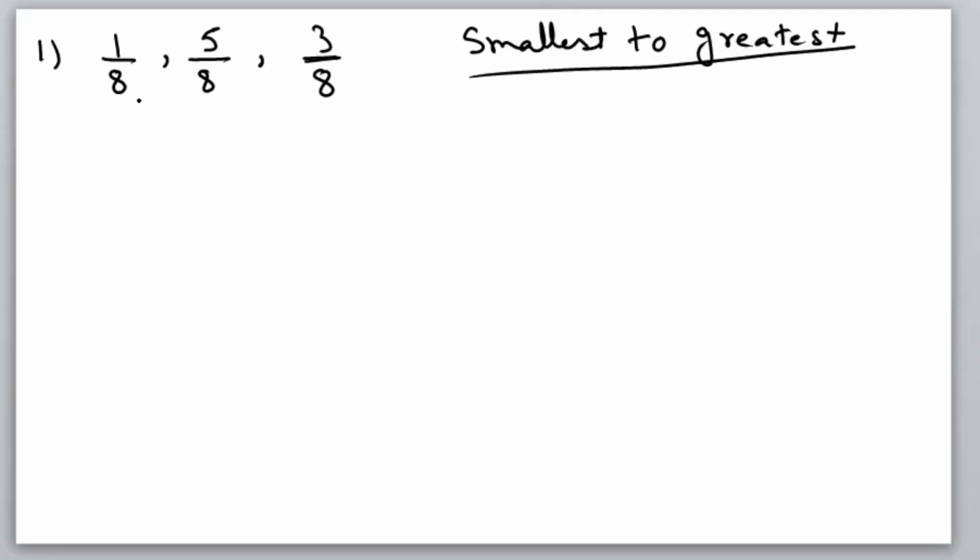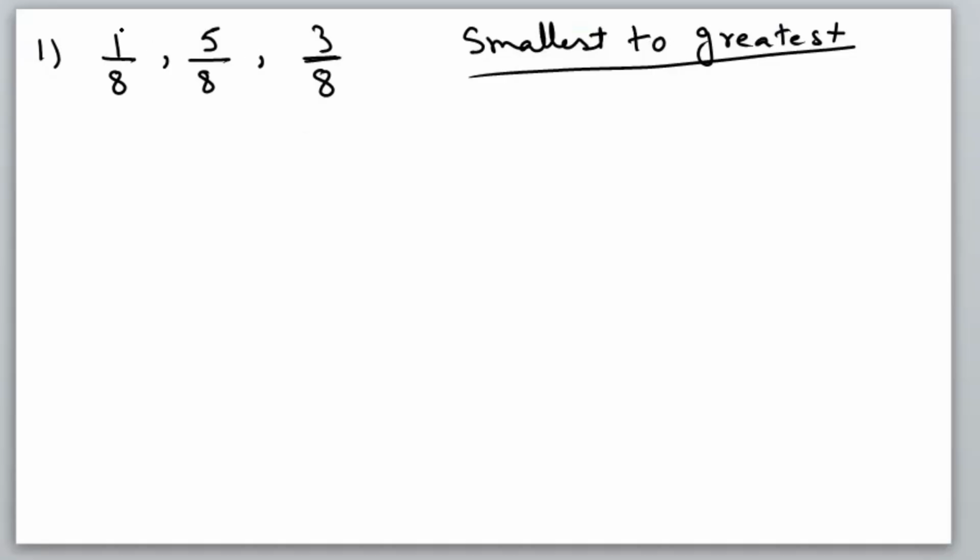Smallest to greatest. Here, what you can see? 8 here, 8 here, 8 here. It means all the fractions have the same denominator. So the first trick says if the denominators are same, then we have to compare the numerators. And bigger the numerator, bigger the fraction. And here we have to arrange from smallest to greatest.